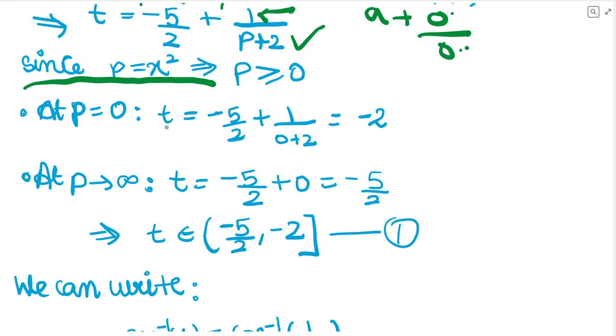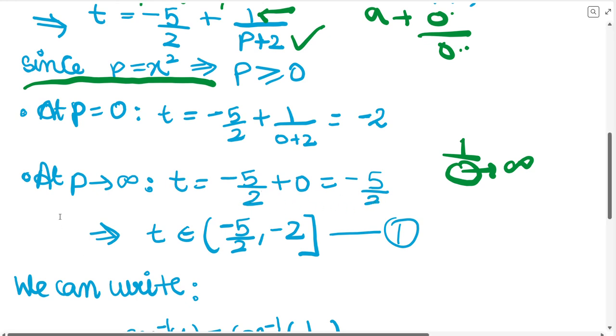So when we put p as 0, we get minus 2. And since p can take any value, the maximum value of p can be infinity. As p approaches infinity, the denominator term goes to 0, because it is a huge number tending to infinity, so it becomes minus 5 by 2 plus 0.